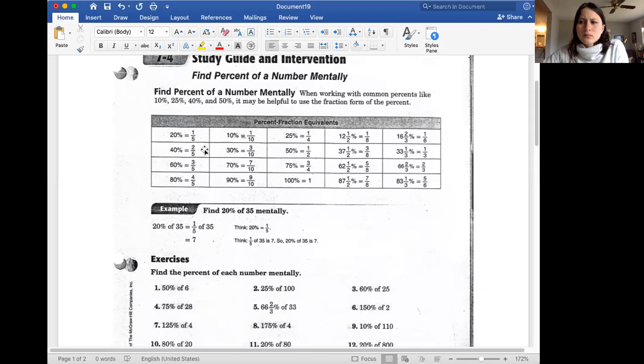Now, we use percentages quite a lot in our daily life. We use percentages a lot when we are figuring out how much to tip somebody when we eat at a restaurant, or when we're looking at a sales rack and we see, oh, 30% off all things in the store. So percentages are a commonly seen math concept. So what I'd like to focus on today is really the essential percentages that we see in our daily life.